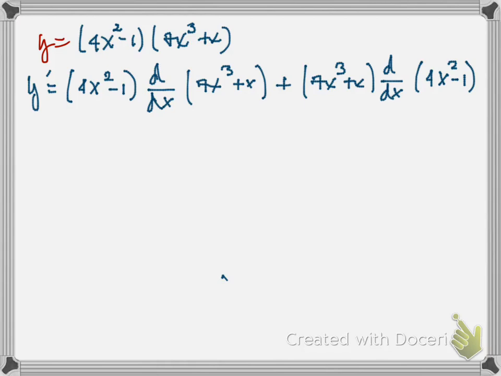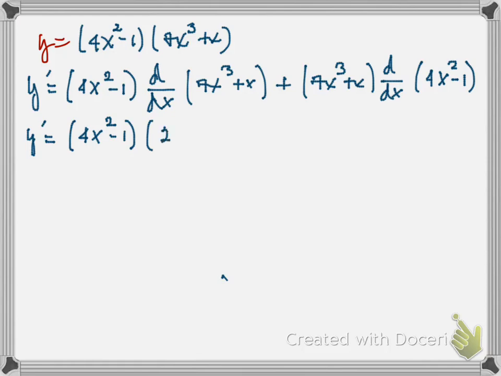Now you go ahead and you take the derivative of the quantities that you need to. y prime equals 4x squared minus 1. Go ahead and take the derivative of 7x cubed plus x. You're going to write that down next.